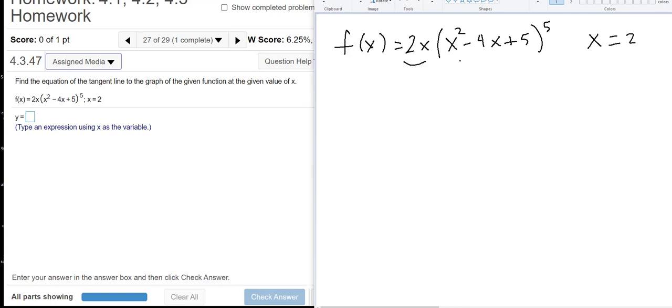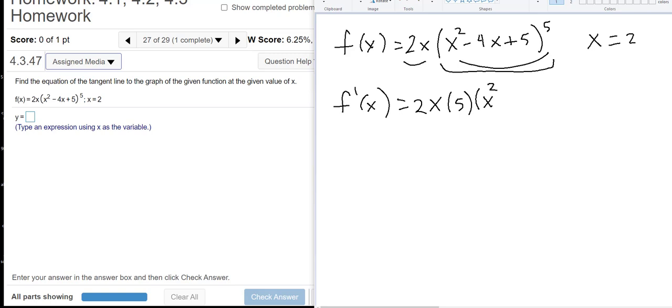This is a product of two functions, so f prime of x is the first, 2x, times the derivative of the second. So that's going to be the power and the base to the power minus 1.